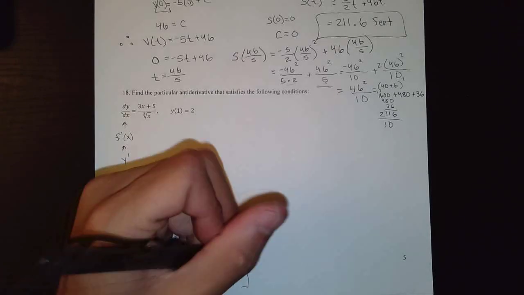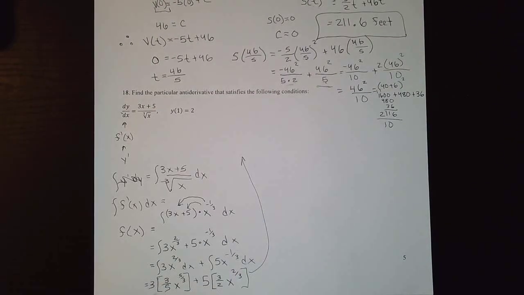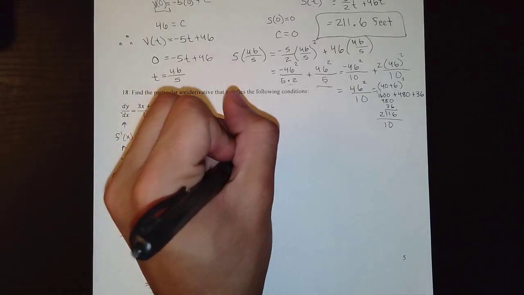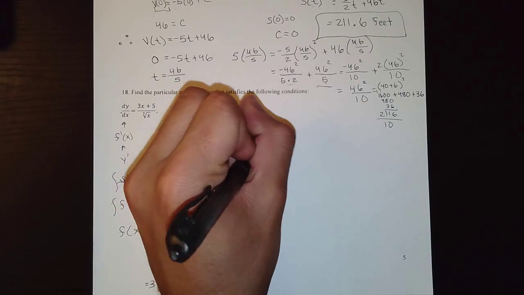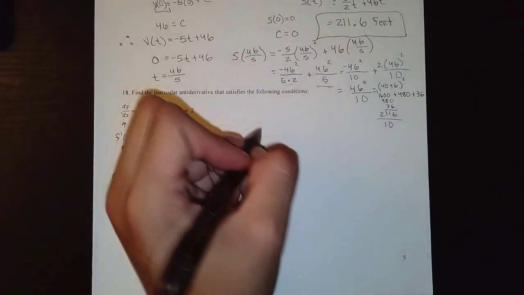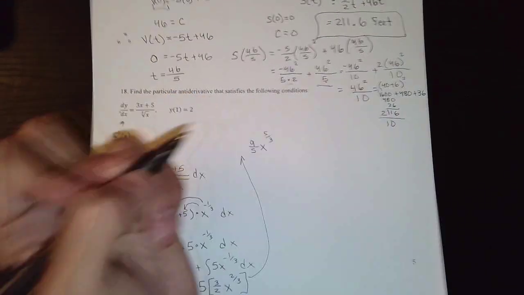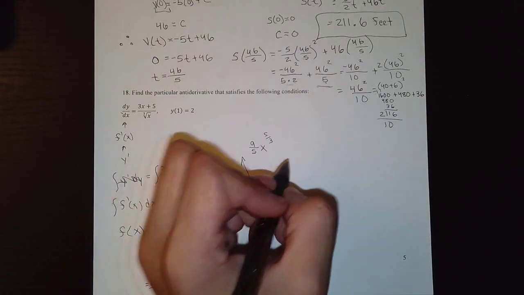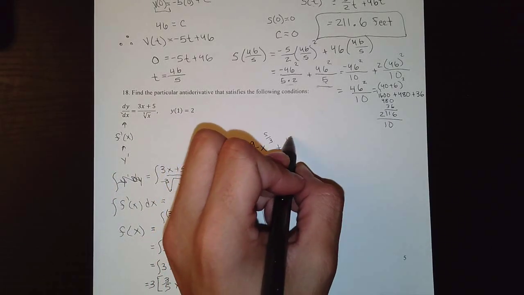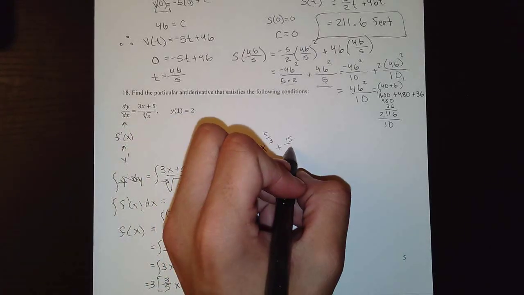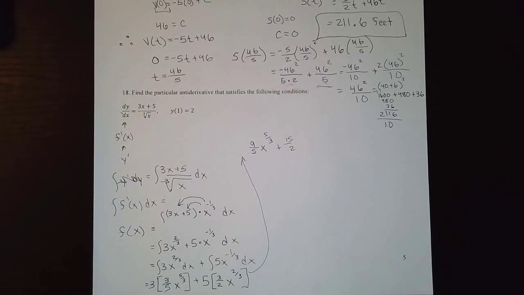Well, I'm going to clean this up a little bit more. This was just a little bit of work. So now I multiply this 3 in and this 5 in. So now I would have 9/5 x to the 5/3 plus 15 halves x to the 2/3.